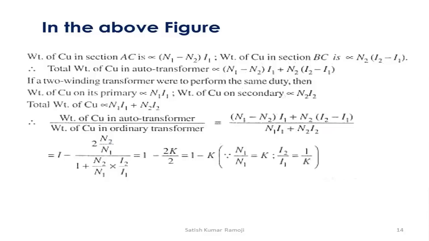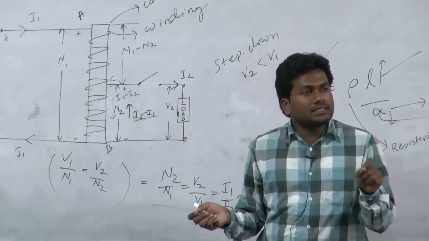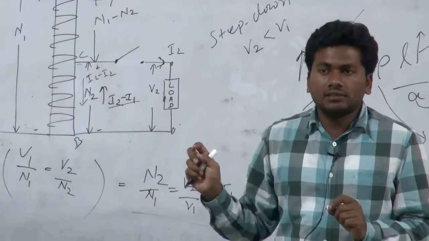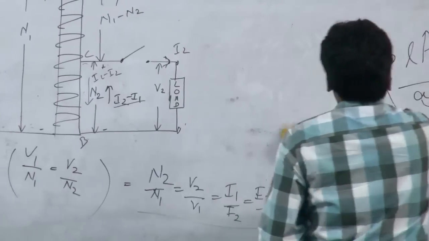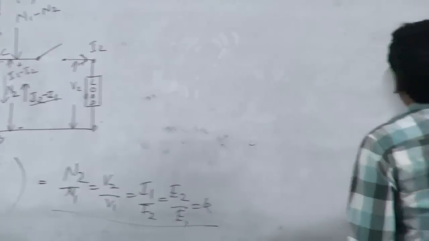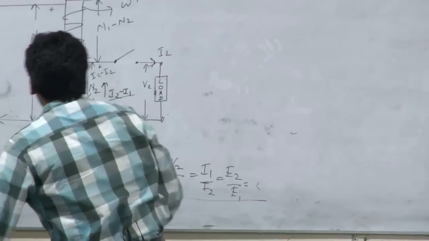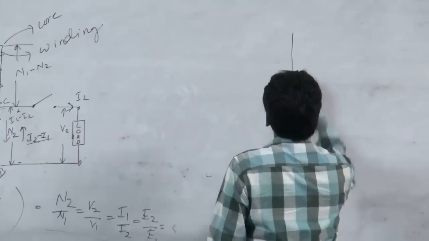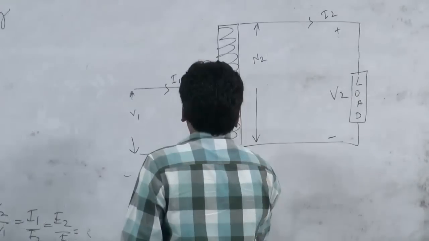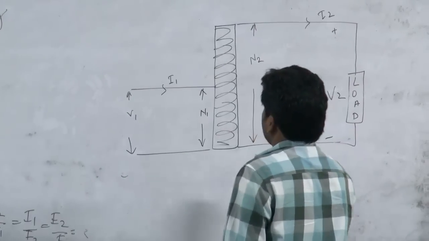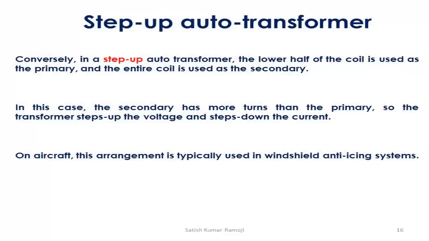Okay, so now in case of a step up transformer, as I told you, the primary voltage is less and the secondary voltage is more. Now this is called a step up auto transformer.